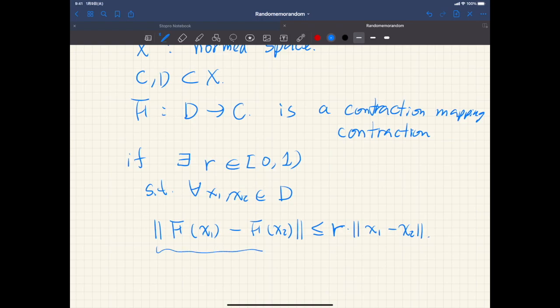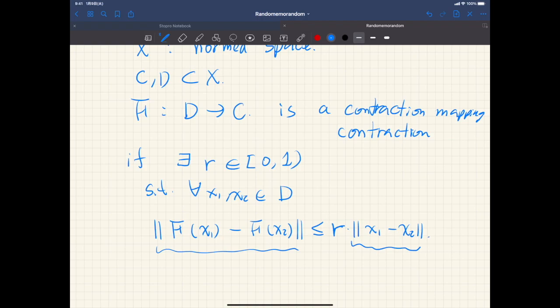So in a sense, if we apply this mapping f, then the difference between two points becomes smaller and smaller. That's why we call it a contraction.